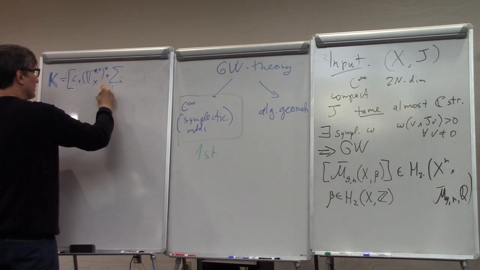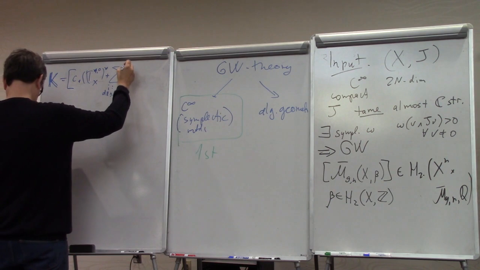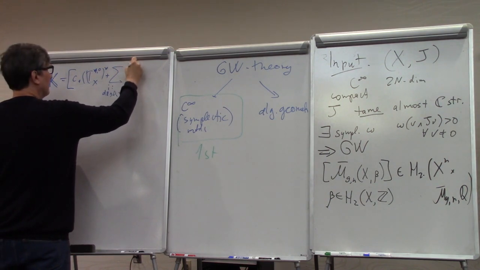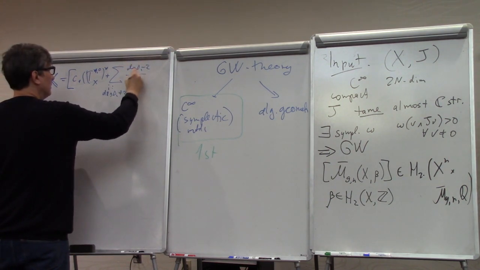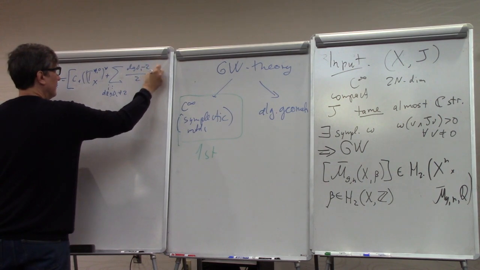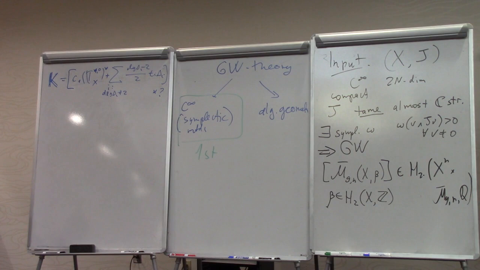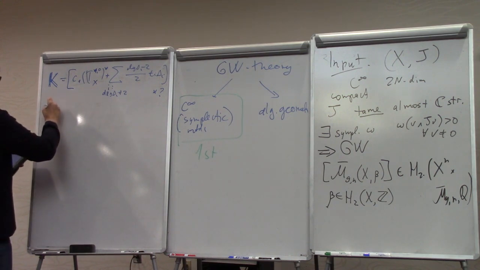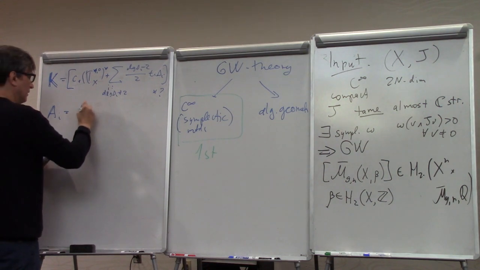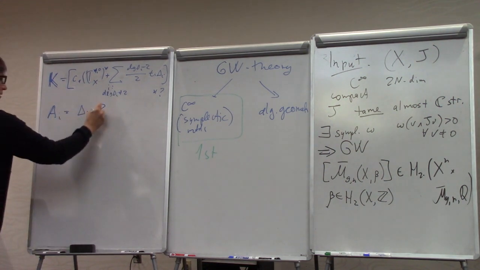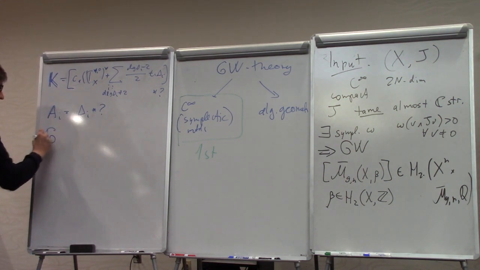Sum over i such that the degree of delta_i is not equal to 2, take (degree of delta_i minus 2) over 2, times t_i delta_i, and consider quantum multiplication by this. A_i is quantum multiplication by our basis element.